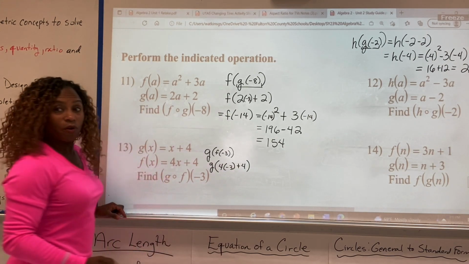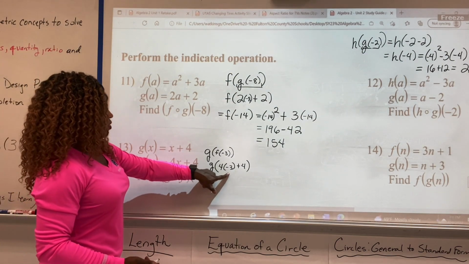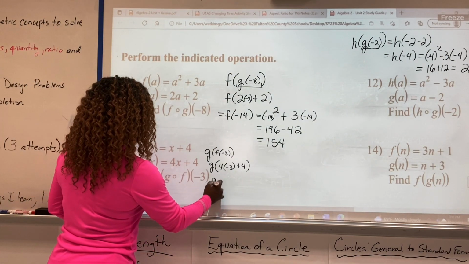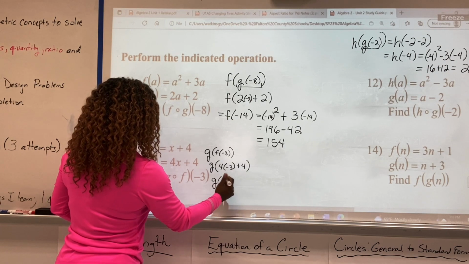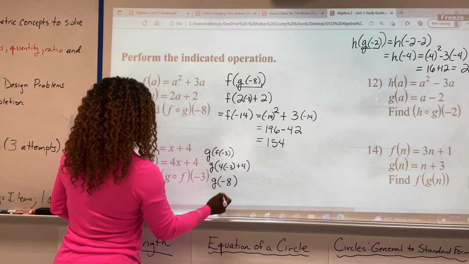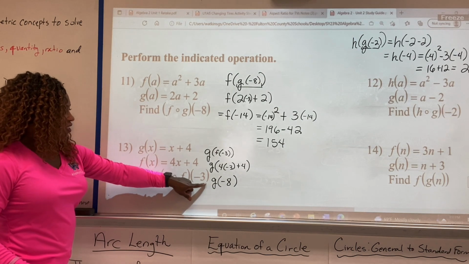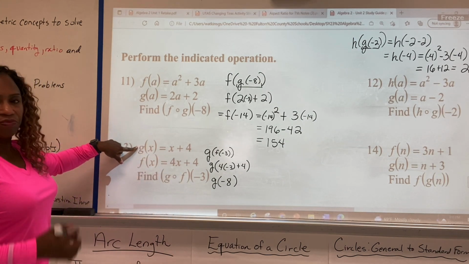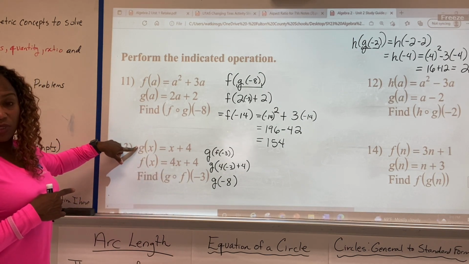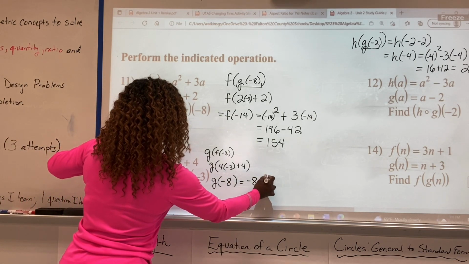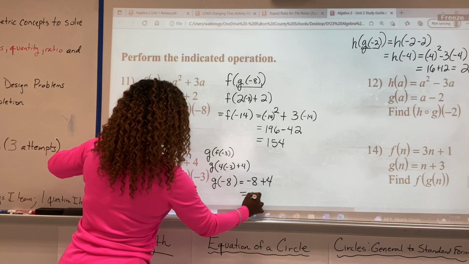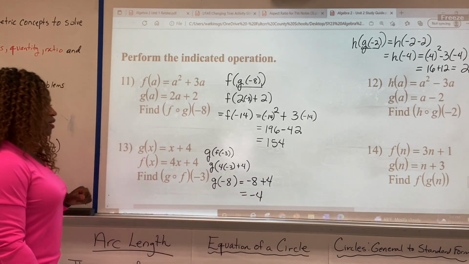And let's work that part out. This gives me -12, so I've got g of -12 plus a positive 4, which is -8. So now I take the g function, x plus 4, and I replace the x with -8. So that'll be -8 plus 4, which is -4. So there's our final answer for that.